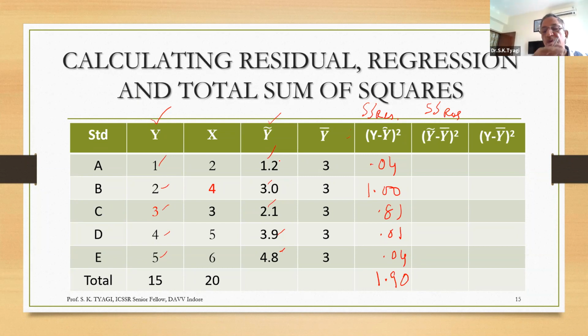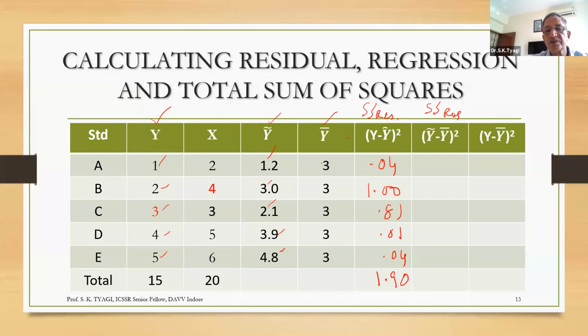So to find the significance of regression, we compare with the situation when the regression coefficient b is 0. B is 0 when y is the mean. Therefore, we are subtracting y mean from y predicted.